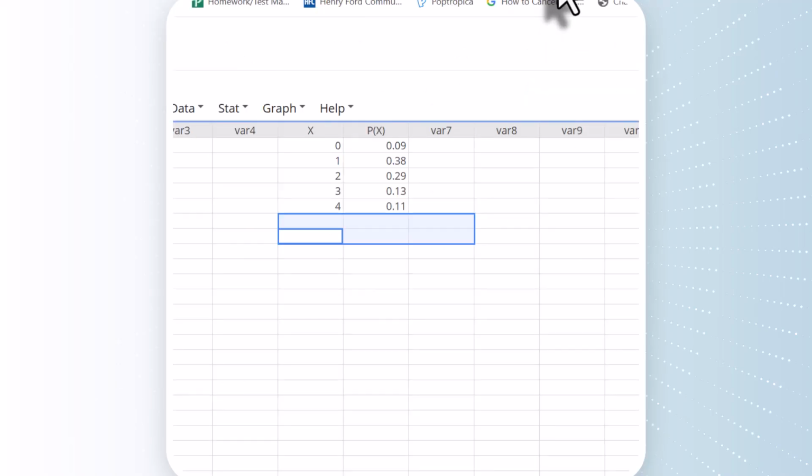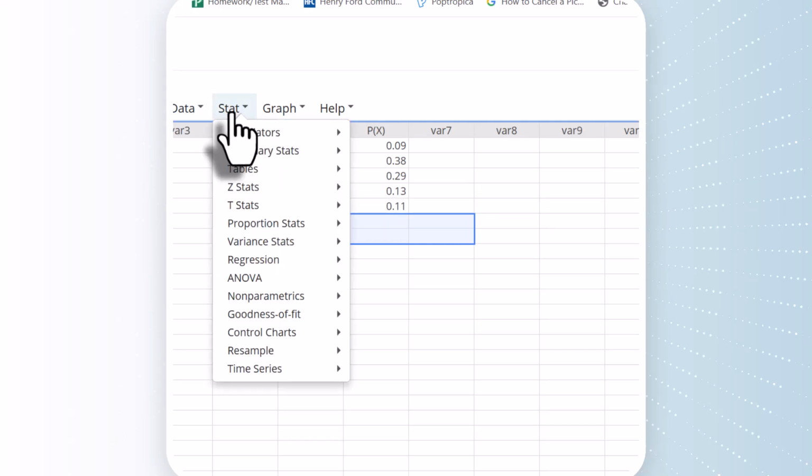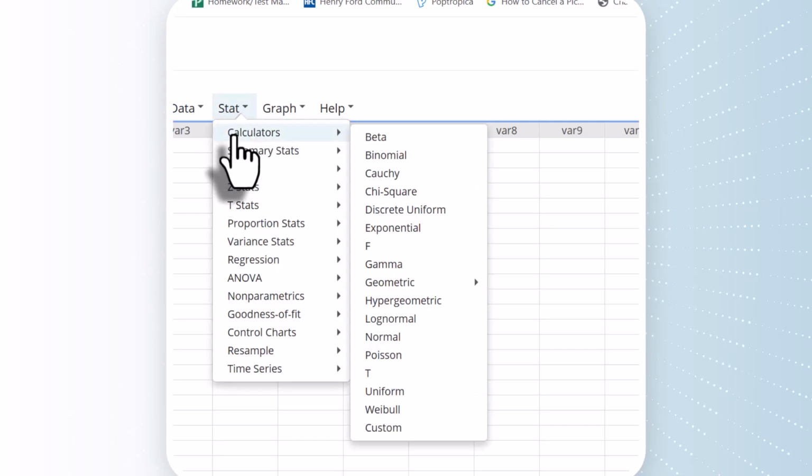So you go to StatCrunch. In one column you enter the values of x. I change the name of the column and call it x. In another one you enter the probabilities, and then you do the following. You go to Stat, Calculators, Custom.